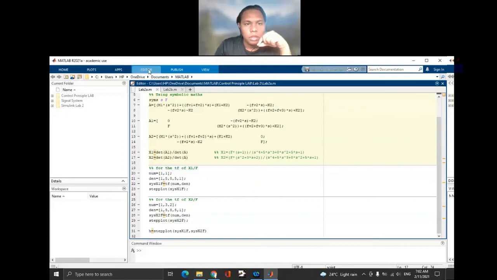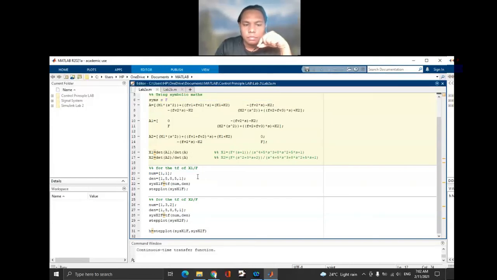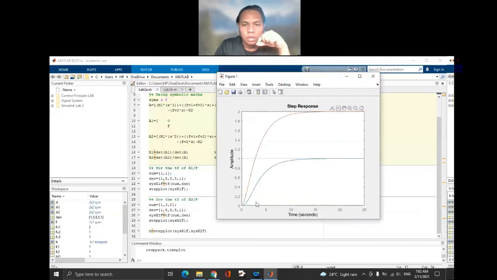Now I would like to run this program. As you can see, we have two outputs: the blue one is the X1 output signal, and the red one is X2, output signal number 2.